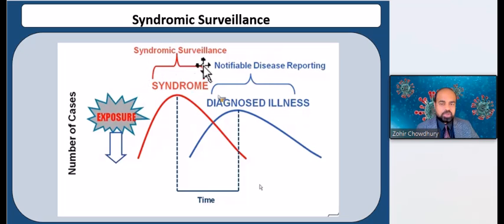Again, syndromic surveillance would be looking for specific syndromes, and you'd be able to gain some time compared to the overall diagnosed illness looked at in a typical surveillance system.